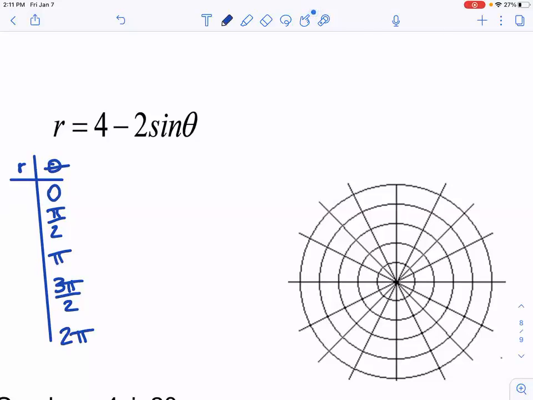Before we graph this, Evan, what kind of limacon are we gonna have? A dimple. Okay, this is a dimpled.